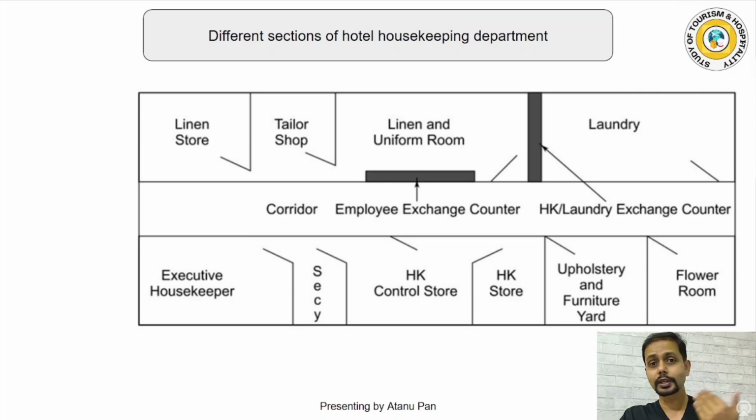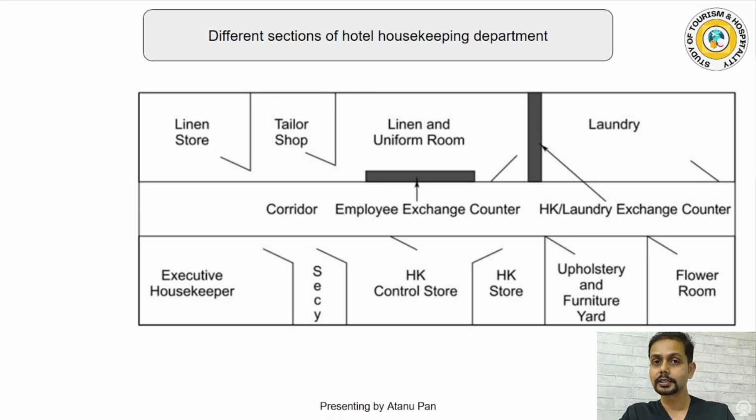And when the employee is giving the dirty uniform, the linen and uniform room attendant will issue one fresh clean uniform to the employee, and the employee will go from there. Now those uniforms are given to the laundry for washing purpose, and that exchange is done through that housekeeping laundry exchange counter.